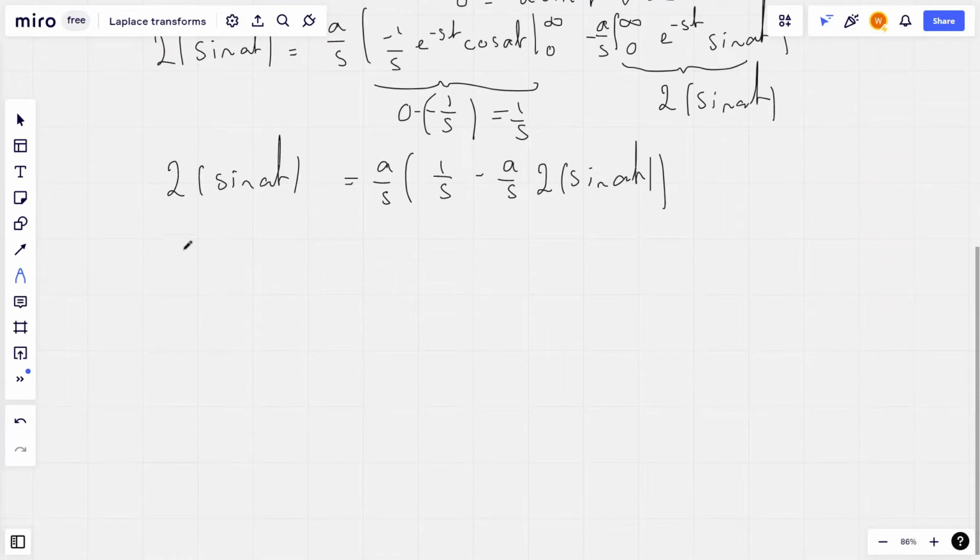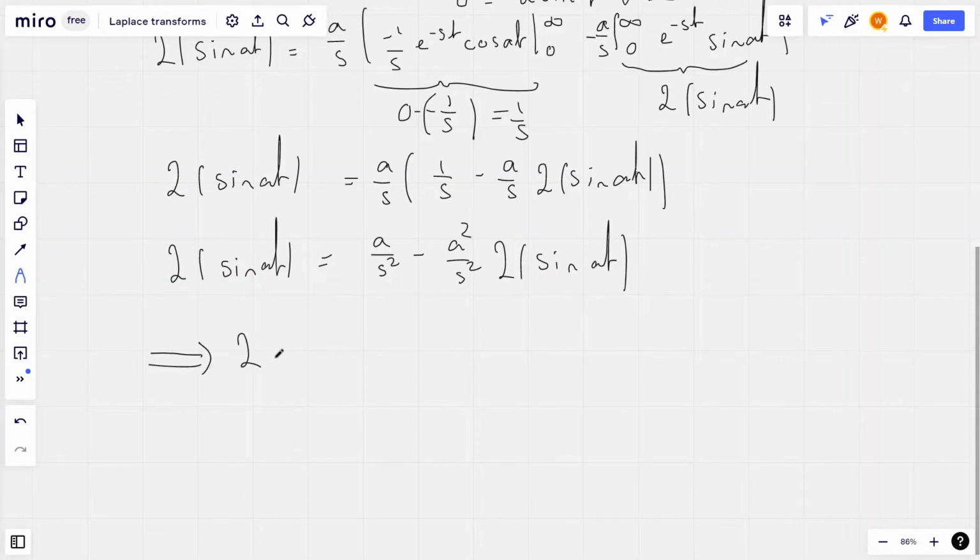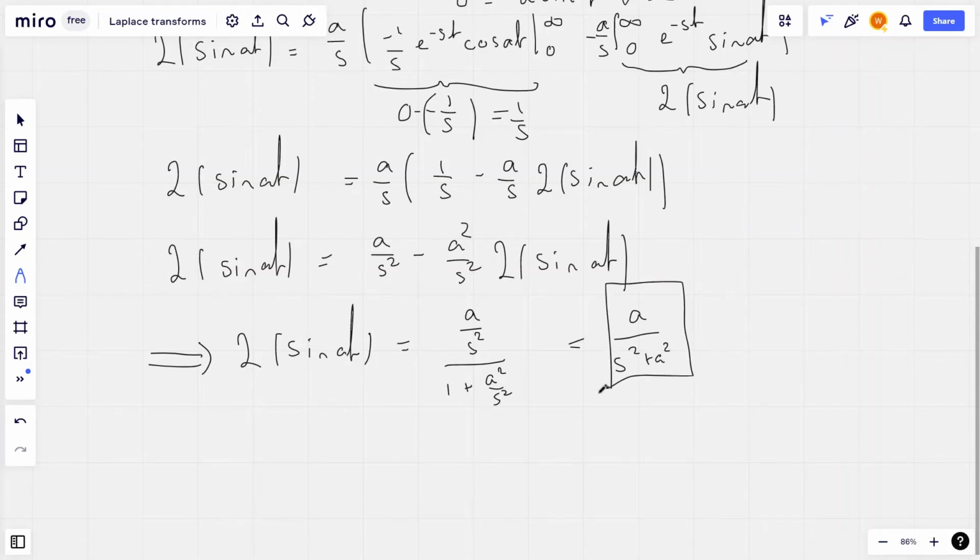We get that the Laplace transform of sine of at is equal to a over s squared minus a squared over s squared times the Laplace transform of sine of at, and therefore the Laplace transform of sine of at equals a over s squared over 1 plus a squared over s squared, which is just equal to a over s squared plus a squared. So that's our Laplace transform of sine.